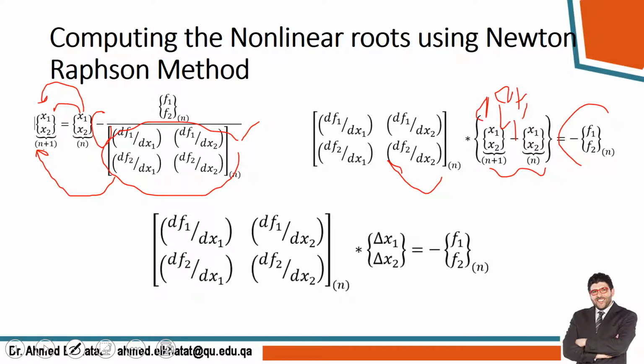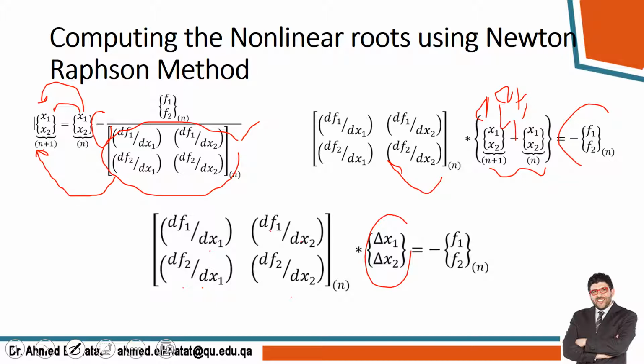So now the matrix will be the derivative of the first equation with respect to x1 and the second equation with respect to x1, and here the first equation with respect to x2 and the second equation with respect to x2, times delta x, equals minus f1, minus f2. We have two equations and two unknowns, so we can solve it by calculator or any other method to find delta x1 and delta x2.